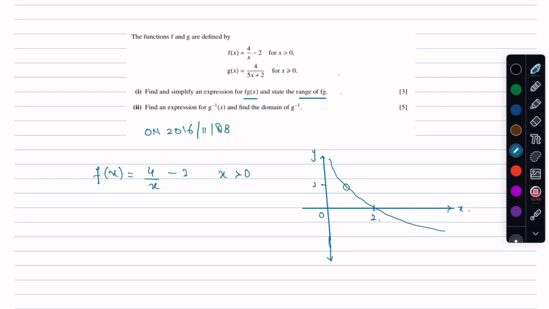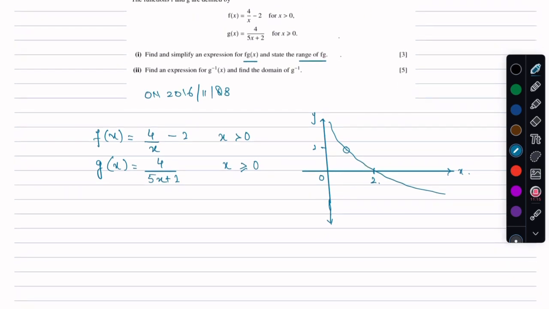The g function is also a reciprocal function, 4 divided by 5x plus 2, also defined for x greater than or equal to 0. The value for which this function is not defined is negative 2 by 5, because if I substitute x as negative 2 by 5, the function becomes undefined. It's a reciprocal function again.